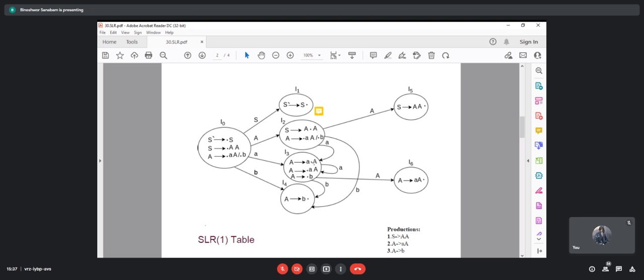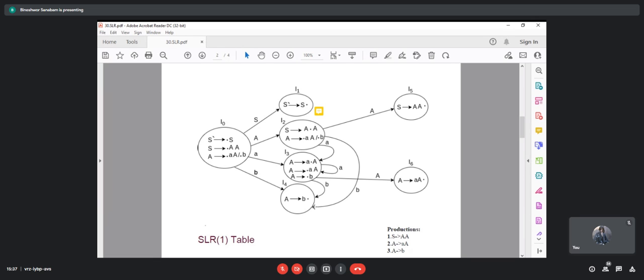Then with I3 again, if we do dot with the first production, that is a dot, then it again becomes the same thing with this production, so it points to itself again. And if we go with this B, then it becomes the state I4.